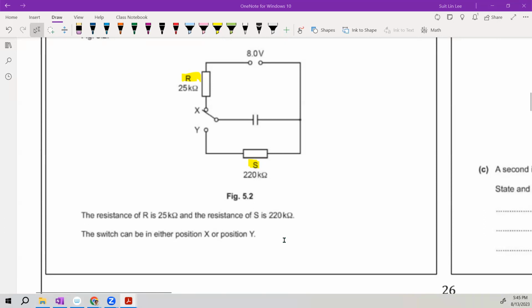Okay, let me tell you what happens first. When we are in the position of X, the capacitor is connected to the power supply, right? So at position X, the capacitor is charged because it's connected to the power supply. At position Y, when it's not connected to X, this capacitor is discharging.